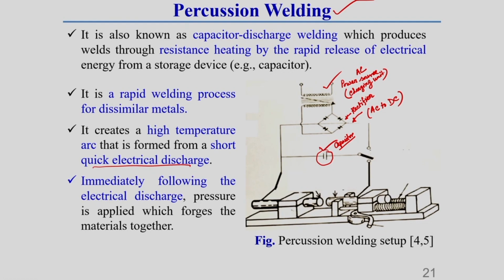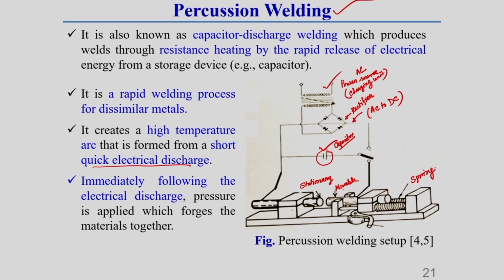Okay. Here also more or less similar things, like in flash butt and upset welding techniques. Here is also used a stationary workpiece and a movable workpiece. This you should keep in mind. And here is used a spring system.